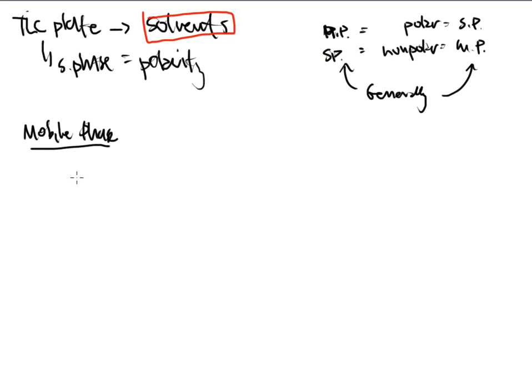You can play around with the polarity all that you want. We can use very simple alkanes in our development. These alkanes would be things like hexanes, a 6-carbon chain, right? Petroleum ether. That is a non-polar, organic natured solvent.